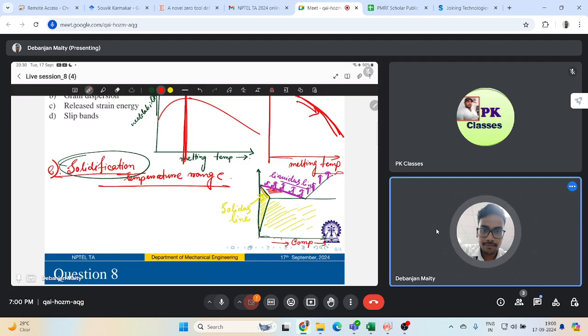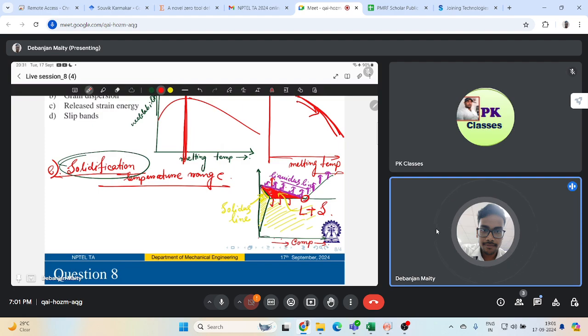What is this region called, this red hashed region? If above this everything is liquid and below this everything is solid, what will happen over here? It is called the mushy zone. Liquid and solid will coexist, right?